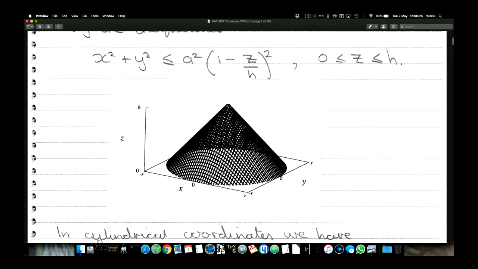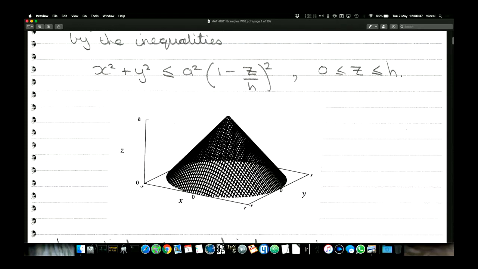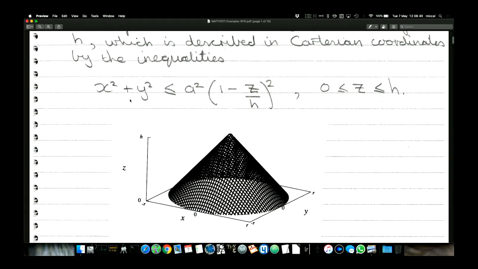from 0 to h, and I've chosen the coordinate system so the centre's at the origin. The first thing I need to do is to describe its surface. I need an equation to describe its surface. And it turns out that the surface of a cone can be represented by the equation x squared plus y squared equals a squared times (1 minus z on h) all squared. This makes sense.